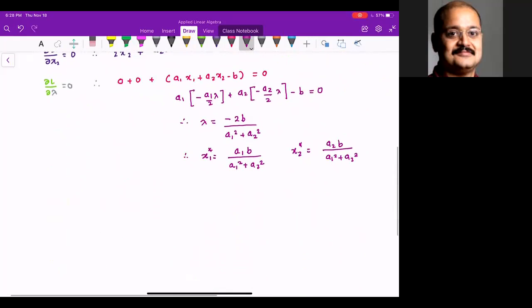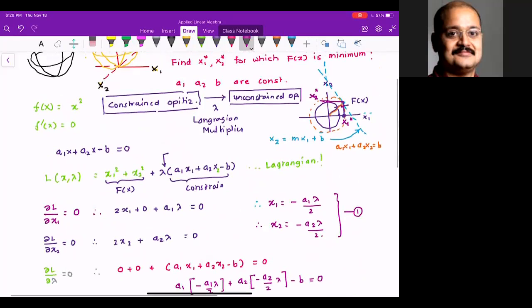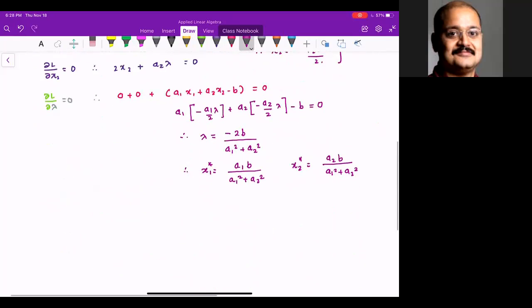So you got x1 star and x2 star. Please note x1 star and x2 star are the points which are shared by the circle and the line. And what is the function f at x1 star and x2 star?